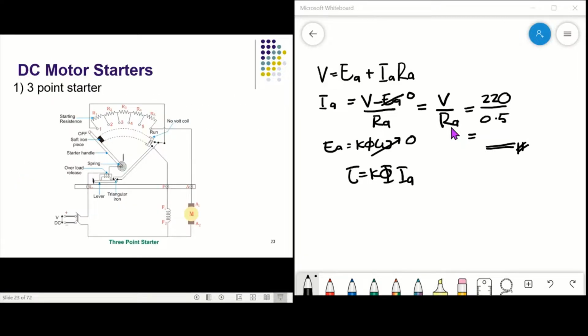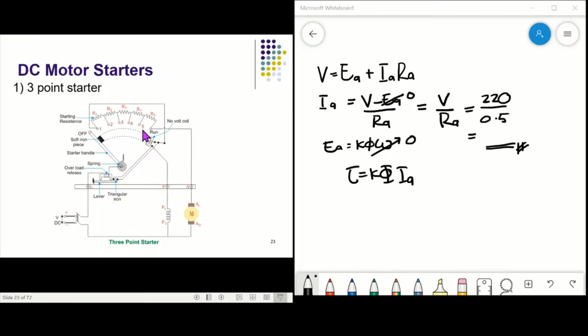This is the 3-point starter. The internal wiring of a 3-point starter is shown in this figure. When the connected DC motor is to be started, the lever is turned gradually. This is the lever. The lever is turned gradually to the right, from left to right.